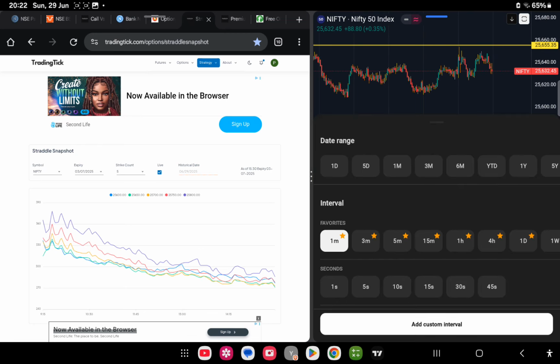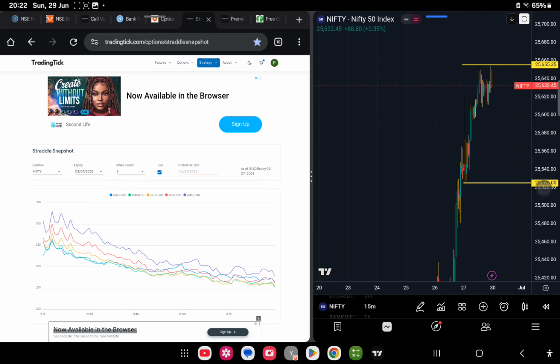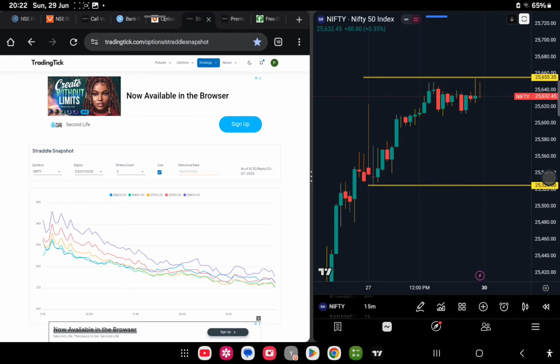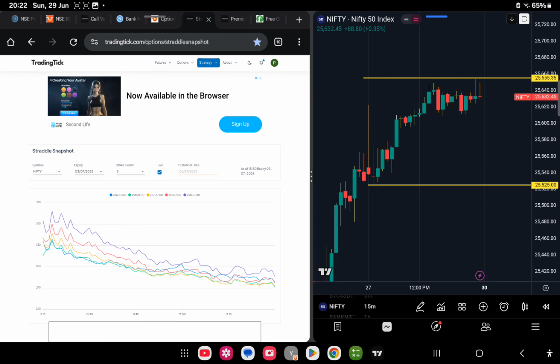I'm going to take the 15 minutes time frame here, which is very good for sellers to understand the market range. Let me just cover the basics first. This is the Trading Tech website, and under the strategy section you will have four options. One will be the straddle snapshot.